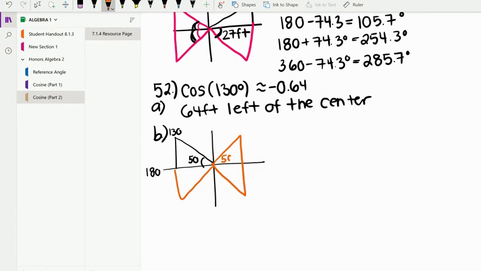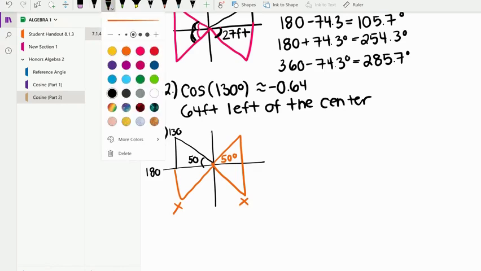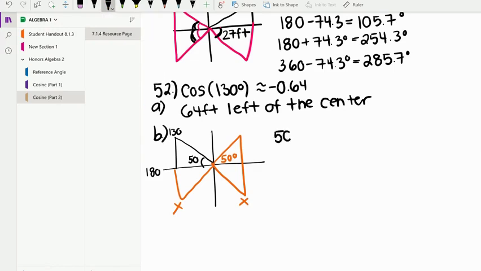One of the angles would be 50. One of them would be 180 plus 50, which would be right here, and one of them would be 360 minus 50. And so those would be 50 degrees, and then the 180 plus 50 would be 230 degrees, and then the 360 minus 50 would be 310.